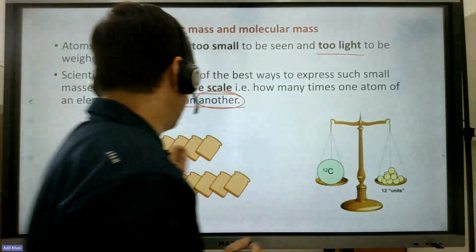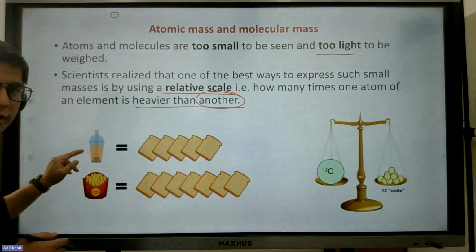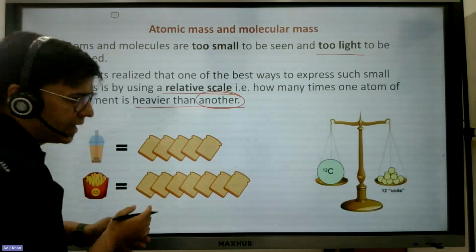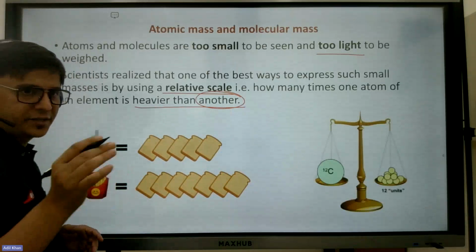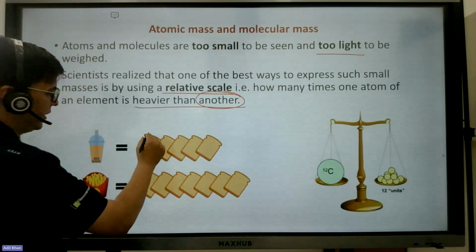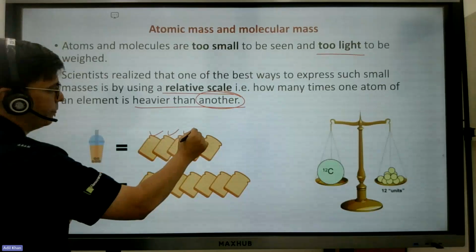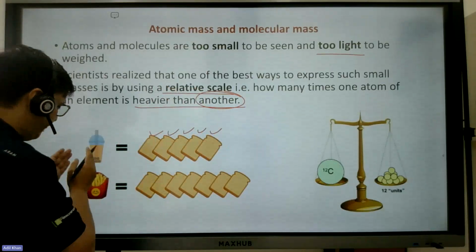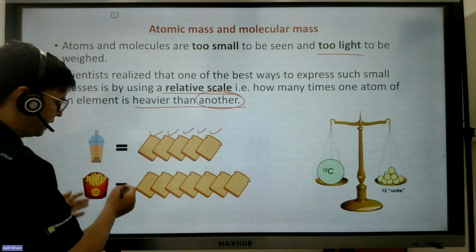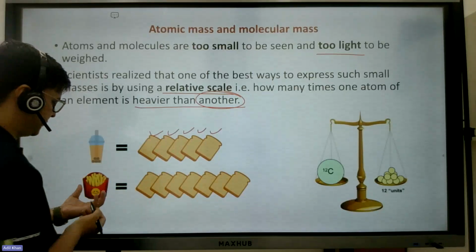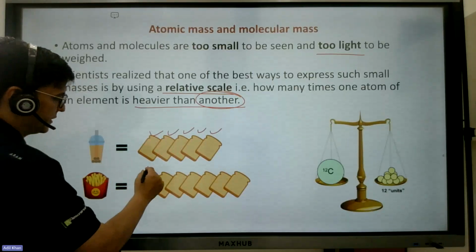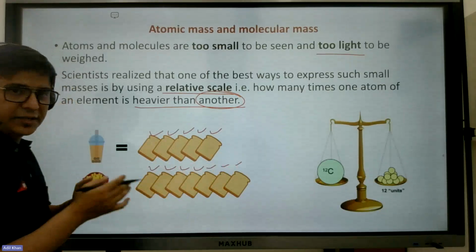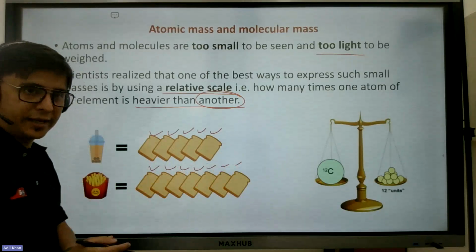Okay, now let me give you an example. This is a cold coffee. I am standardizing cold coffee using your bread slices. So cold coffee is equivalent to 5 bread slices. Similarly, this French fries packet is standardized with 7 pieces of bread slice.